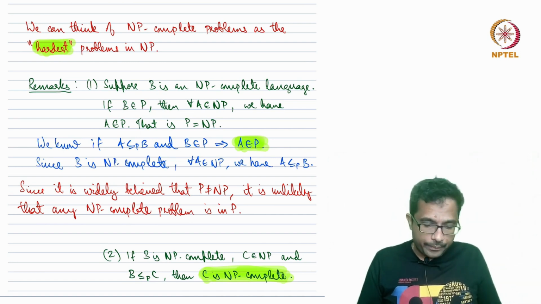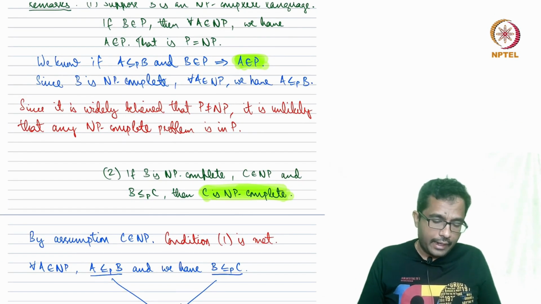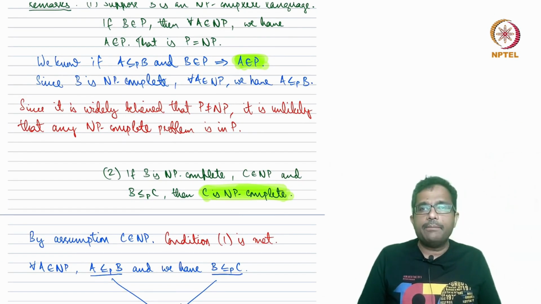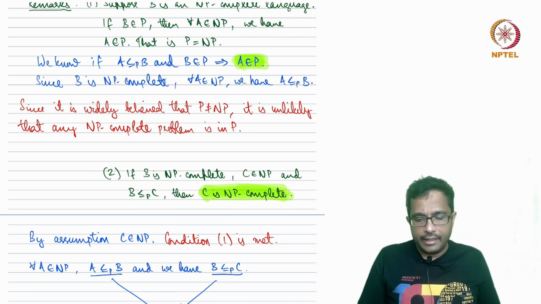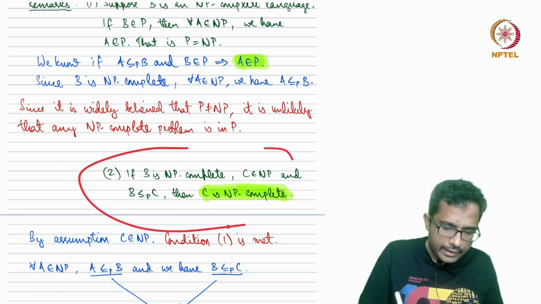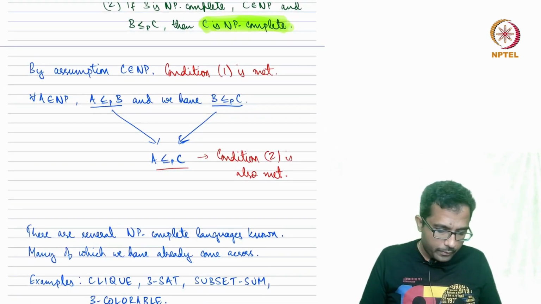And second, if B is NP complete and B reduces to C, and C is also in NP, this implies that C is NP complete, and this is used to show the NP completeness of languages, right?